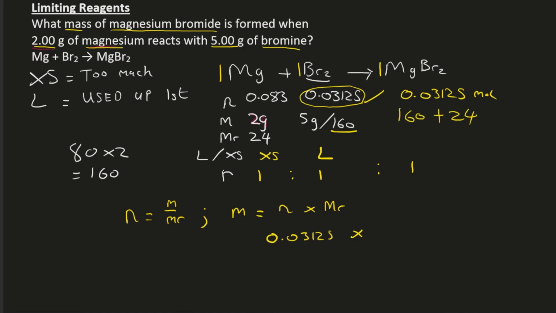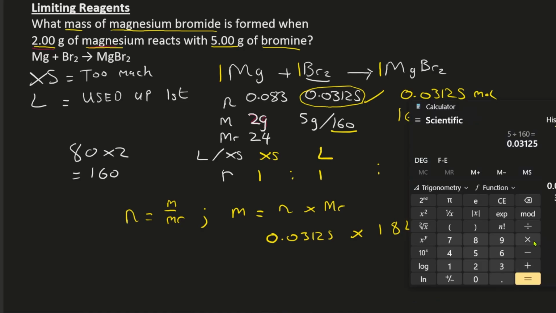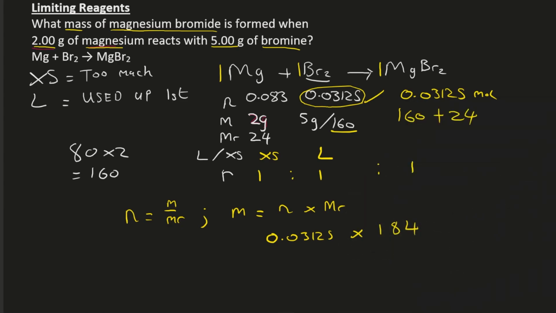And that gives me 184. So let's do that in the calculator now. So times the answer by 184. And you have an answer of 5.75 grams. So that equals 5.75 grams. And that's your answer.